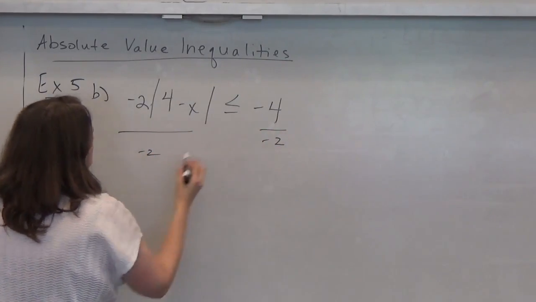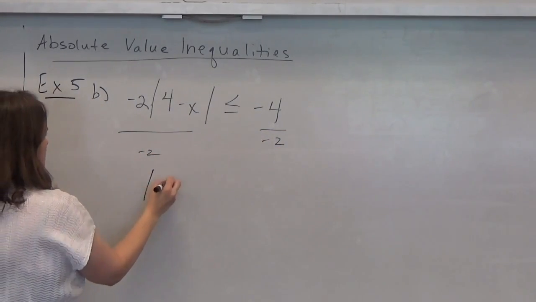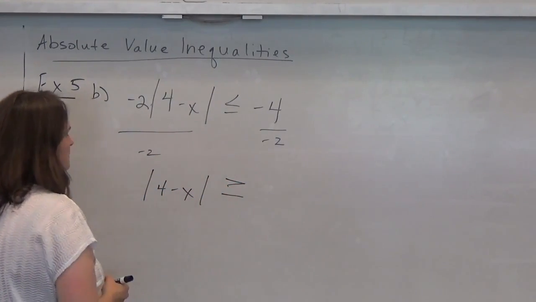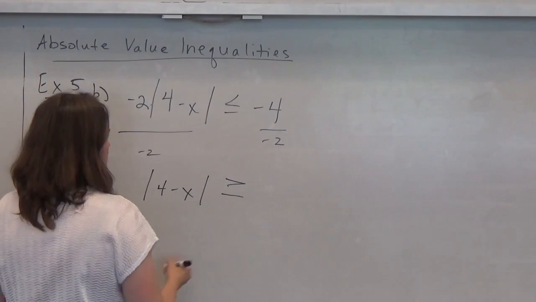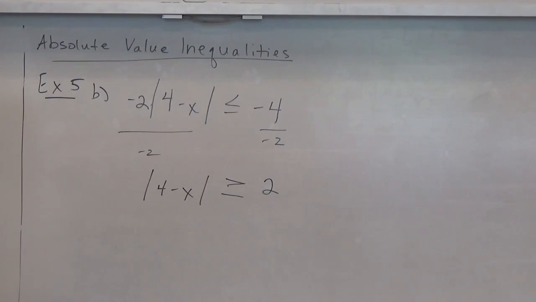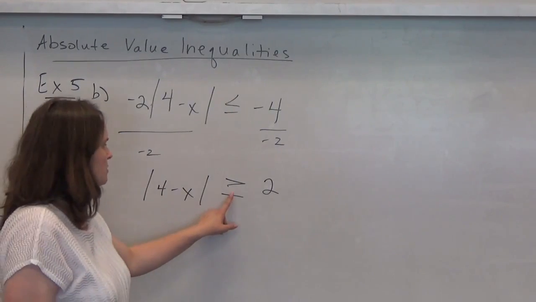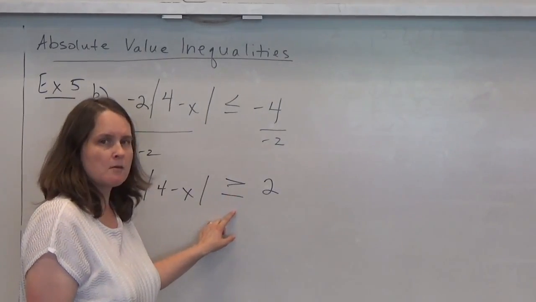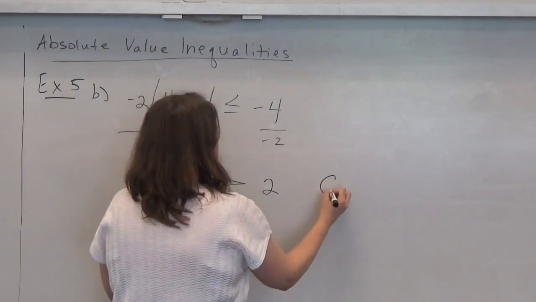All right, make sure that you remember, when you divide by a negative, you flip your inequality symbol. So we have the absolute value of 4 minus x greater than or equal to positive 2. And now we can set up our two cases. Because this is a greater than, this is going to be an or statement. If you think you're going to have trouble remembering that, you can think of the silly little word greater.